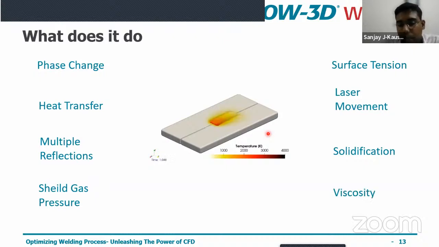And also it is very important to track the viscosity of the liquid metal in the simulation. Viscosity is a temperature dependent item. The higher the temperature, the more the viscosity, the resistance of the flowing material, reduces. So with respect to this, your melt pool dynamics changes. You can find splattering in your welding processes.